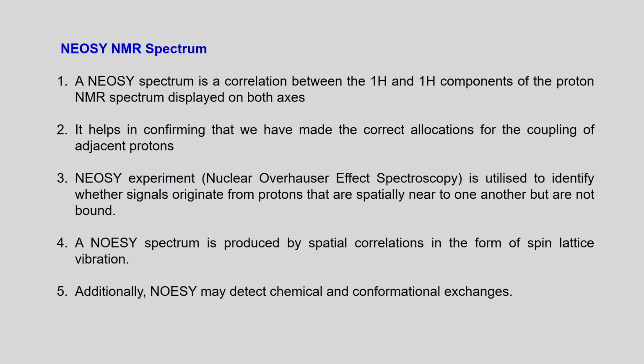Here we are coming to the conclusion of this module, that is the 2D NMR. 2D NMR means there are two ways you can conduct it. This 2D NMR is called nuclear Overhauser effect spectroscopy.